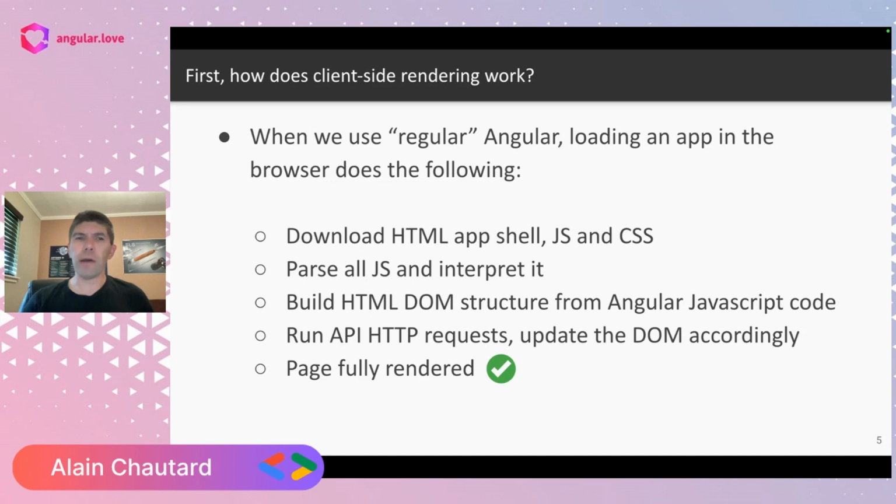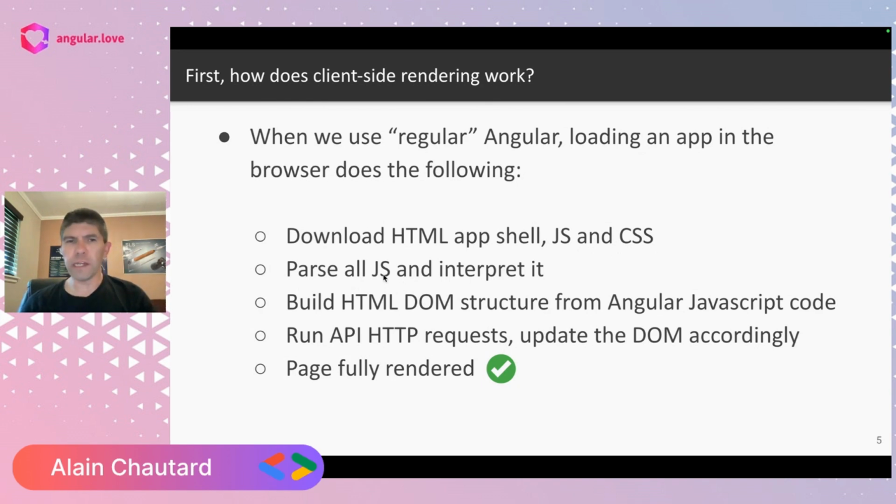You load an app in a browser by typing a URL. That URL is going to send a request to a server, download the HTML app shell, which is our index HTML, which is pretty much empty, but refers to some JavaScript and CSS, which then gets downloaded.